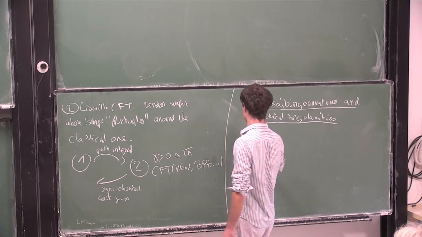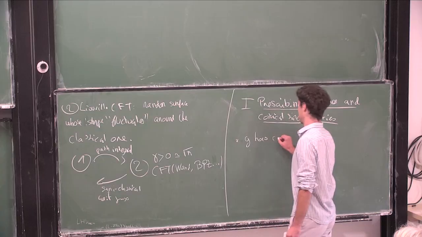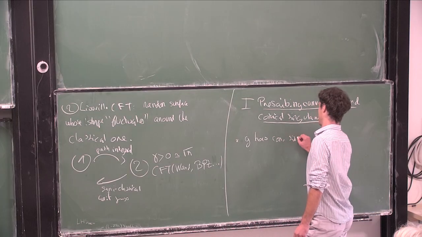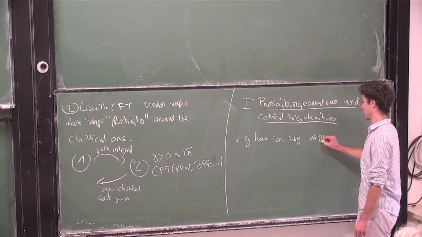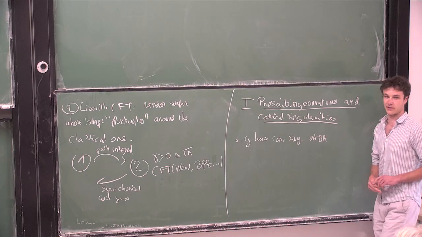Saying that g has a conical singularity or a corner, it's the same, at z_k with this precise angle theta_k that I wrote before.